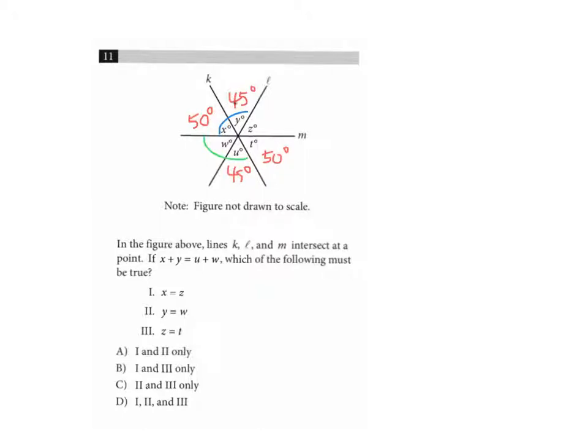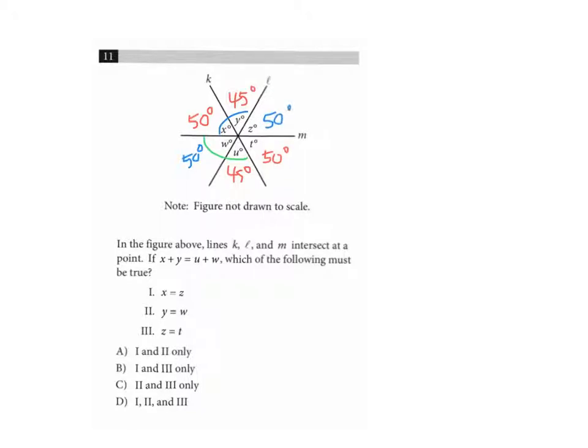So in other words, 50 plus 45 equals 45 plus what over here? Well, w has to be 50, right? If this blue arc angle equals this green arc angle, and that's 45 and that's 45, then w has to be 50. So we could very confidently label this as 50 degrees. Now, once you do that, then you know for sure that z is equal to 50 degrees, yes?